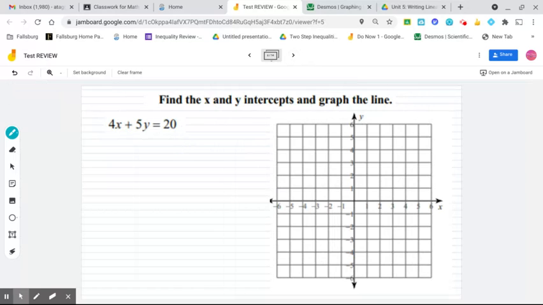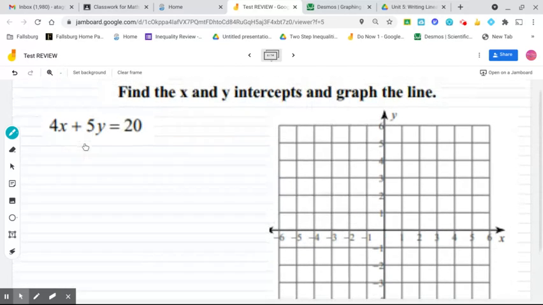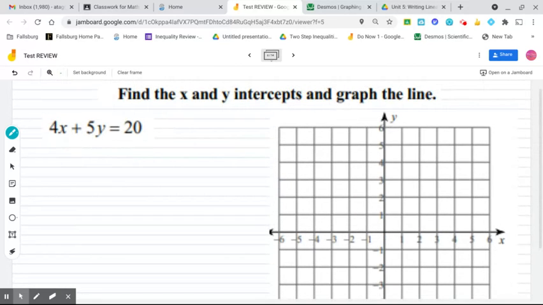Okay, next we are going to find the x and y intercepts and then graph the line. So we have 4x plus 5y equals 20. So if you remember, to find the x-intercept, you're going to plug in a 0 for y. So we want to find x, and our 0 is going to be y.